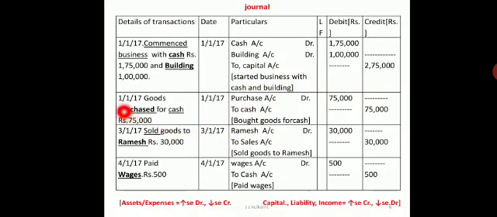Now again on first I have purchased goods for cash. Now when I have purchased goods for cash, I have two accounts, purchases and cash account. Now purchases being an expense, it is increasing my expense. So when expenses are increased, it is to be debited.